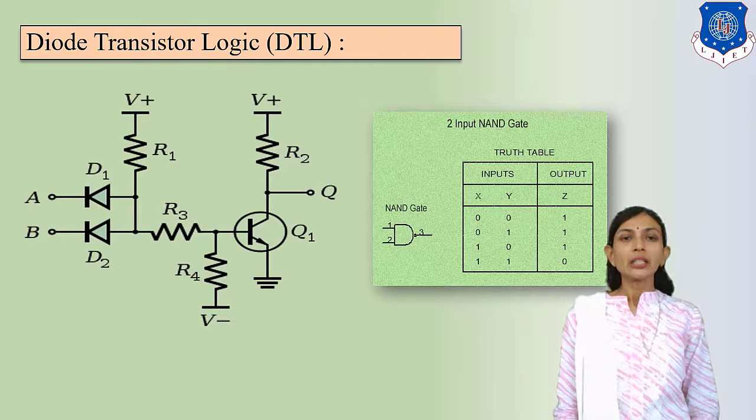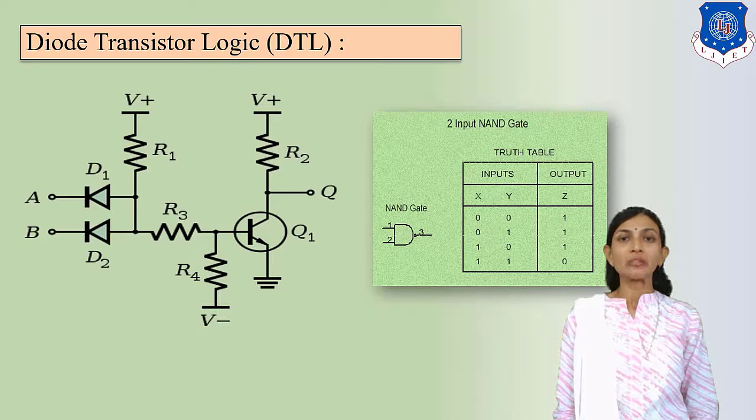So look at this. This is the circuit diagram. Let's take the first case, case number 1, 0 0. If we apply 0 0, both inputs are low. D1's cathode is connected with the 0 input and D2's cathode is also connected with the 0. That means low input is applied to the cathodes of D1 and D2, so D1 and D2 will be forward biased using the plus voltage applied at the input.